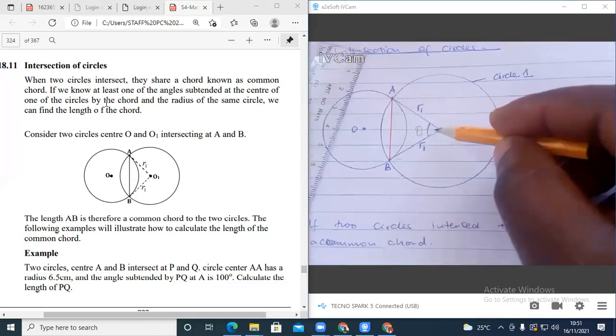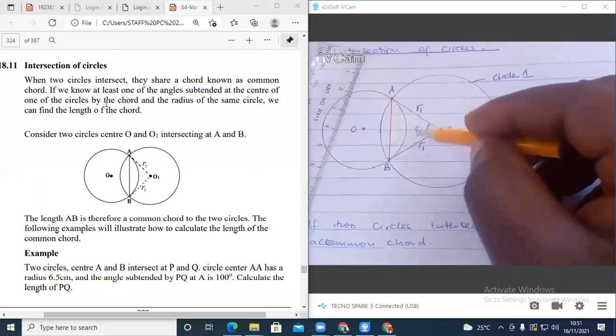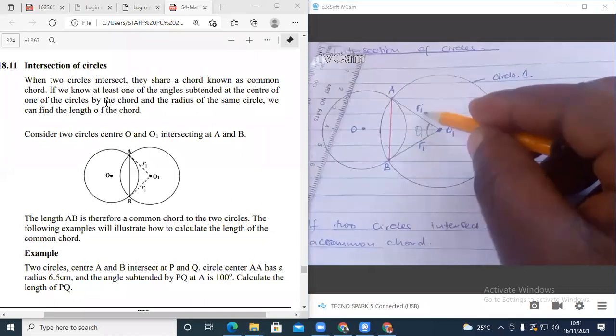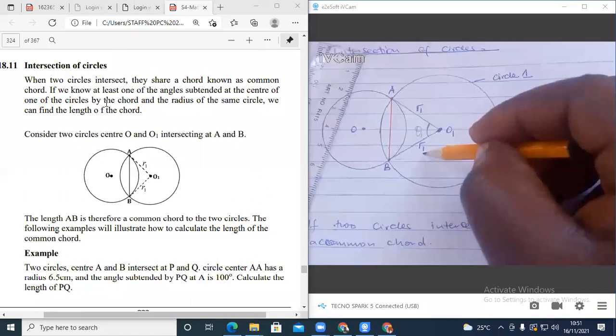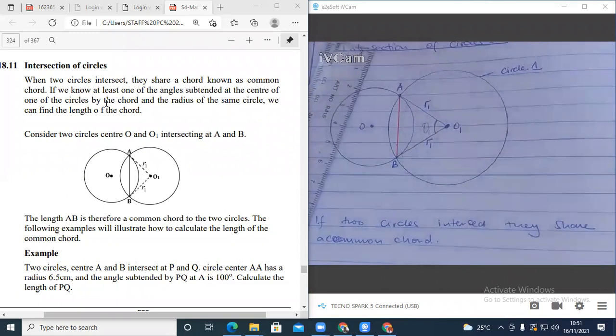So if you know the angle at the center of one of the circles, and you also know the radius of one of these two circles, then you can find the length AB, the length of the chord AB.